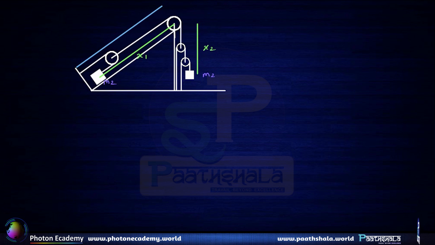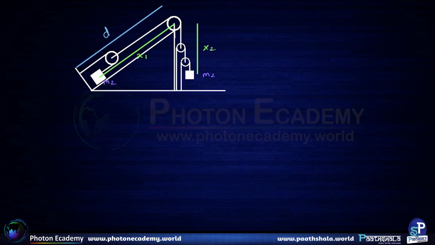two different rigid supports. So let us say this is the fixed distance d, that happens to be the distance between two rigid supports, and let us say this distance happens to be equal to xp1.